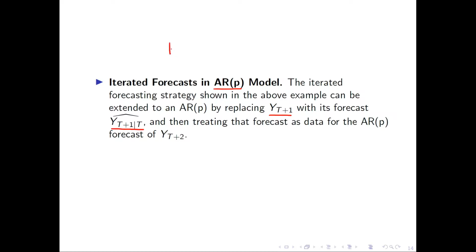So you always use the estimated forecast as if it was a data point whenever you iterate this model forward until, for example, t plus 3.